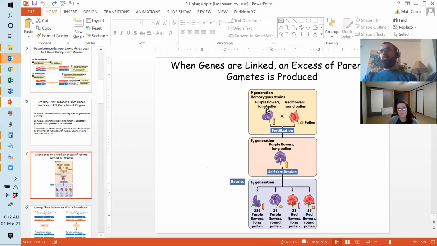One can assume that this is the dominant, right? Because that's what you see in the F1s, recessive. Cross these together, get heterozygotes. What ratio should you get of different phenotype combinations in the offspring? It's a dihybrid cross. 9:3:3:1. Right, exactly. Is this a 9:3:3:1 ratio?